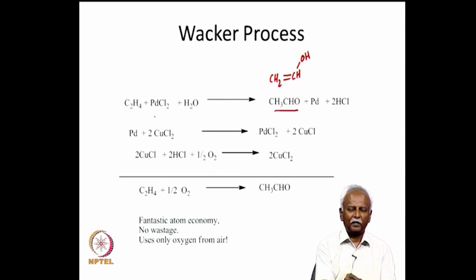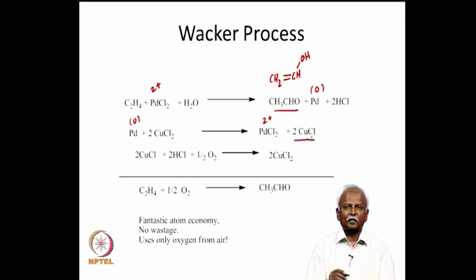Initially, it is a palladium 2 plus, which gets reduced to palladium 0, and then in a second step, because you have cupric chloride in the reaction, the cupric chloride oxidizes the palladium 0 to palladium 2 plus.